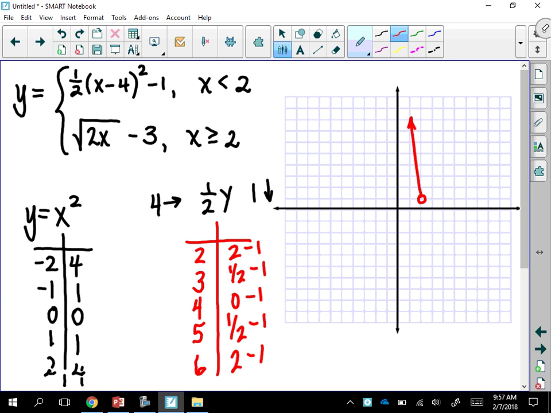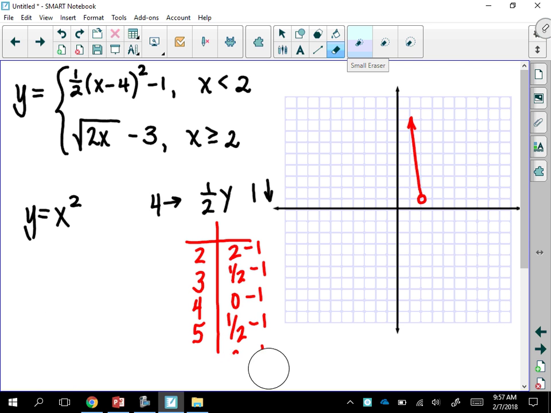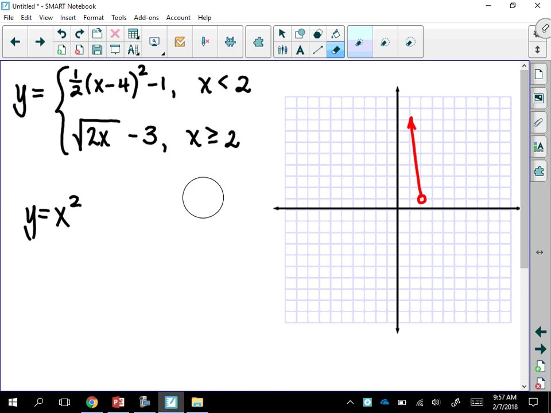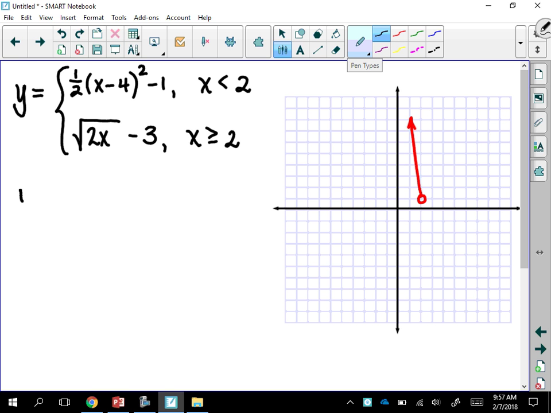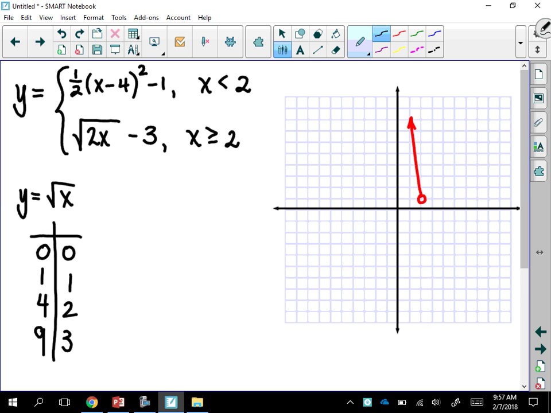All right, next piece is a square root. And what's our parent function? All right, those are the points that are on the parent function for square roots. What all am I doing to those points?